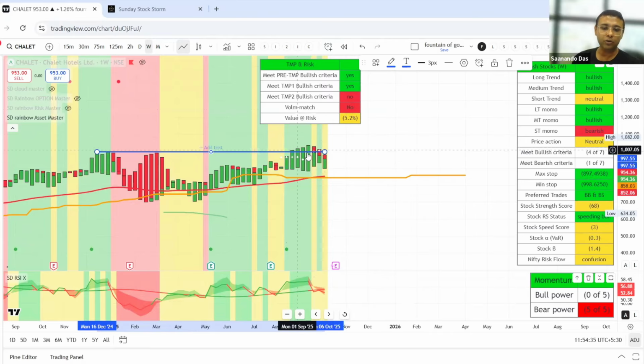So how to approach this stock? If you want to invest a very minimal quantity, you should keep in mind that the stock can easily come down towards 860. And for that small quantity, you should not be fearful even if the stock comes lower towards this level. You should be fearful only if it starts breaking below.